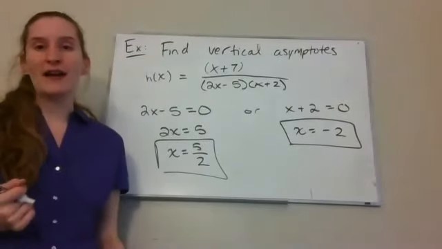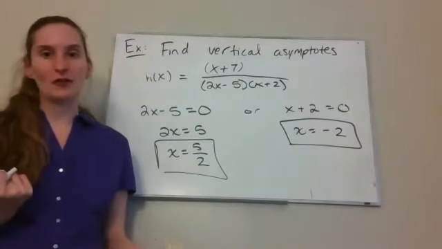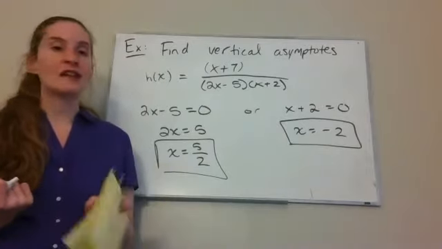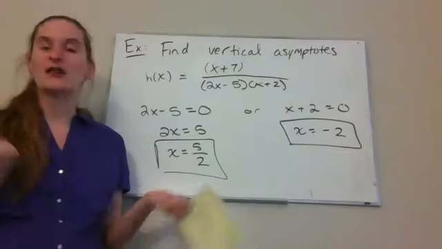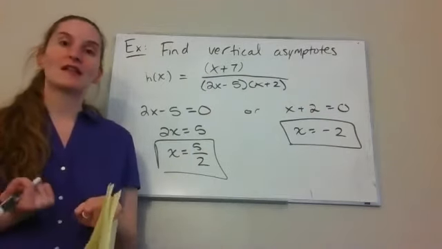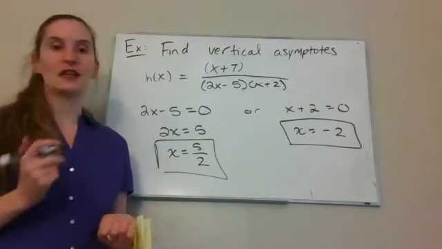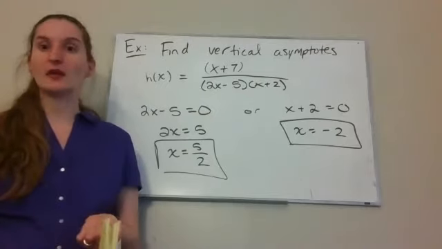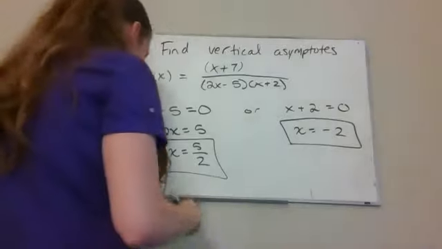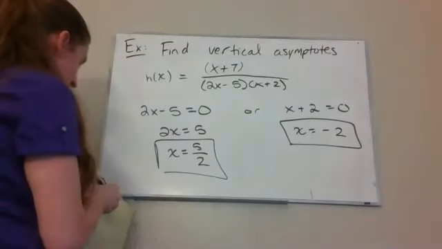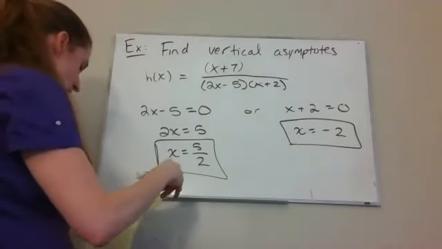And notice that I'm writing these as equations for the vertical asymptotes. Just saying -2 or 5 halves is not good enough. A vertical asymptote is a vertical line, so you need to have x equals the number to make the equation of that line. All right, so we have 2 vertical asymptotes for that rational function.